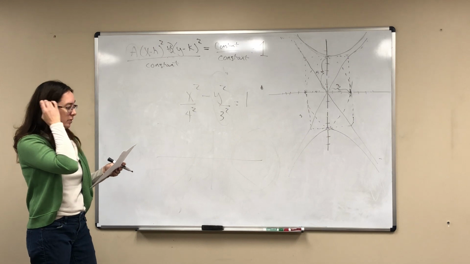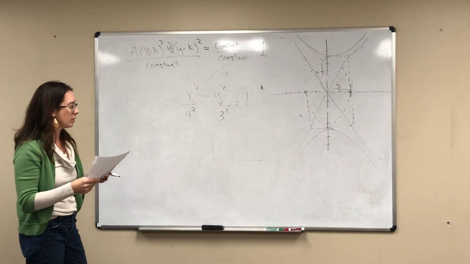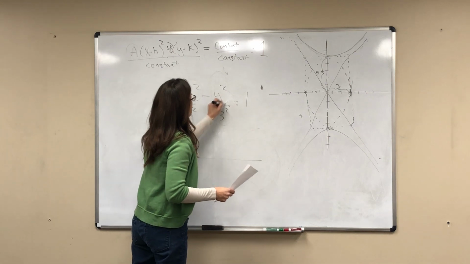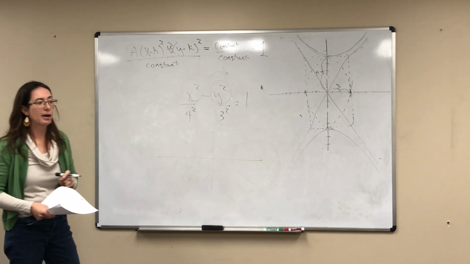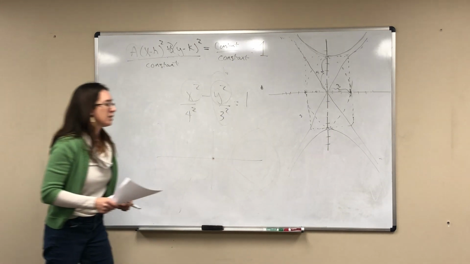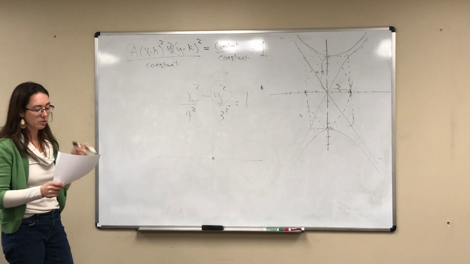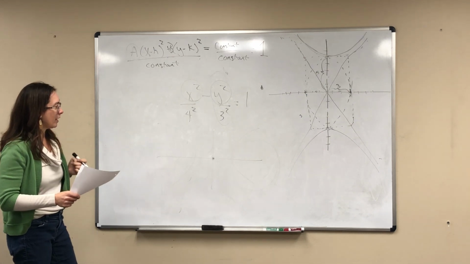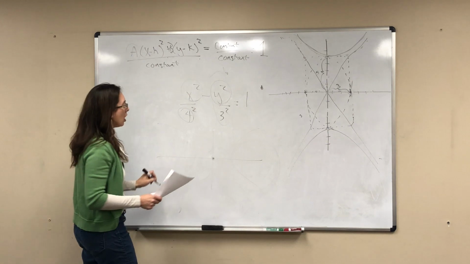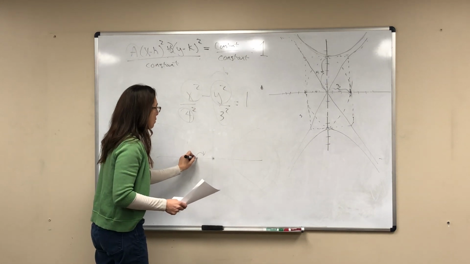Or it's also called a horizontal, okay? Because I have no extra numbers with my x and my y, the center is 0, 0. It's the origin. Which means that along the x-axis I'm going to go 4.